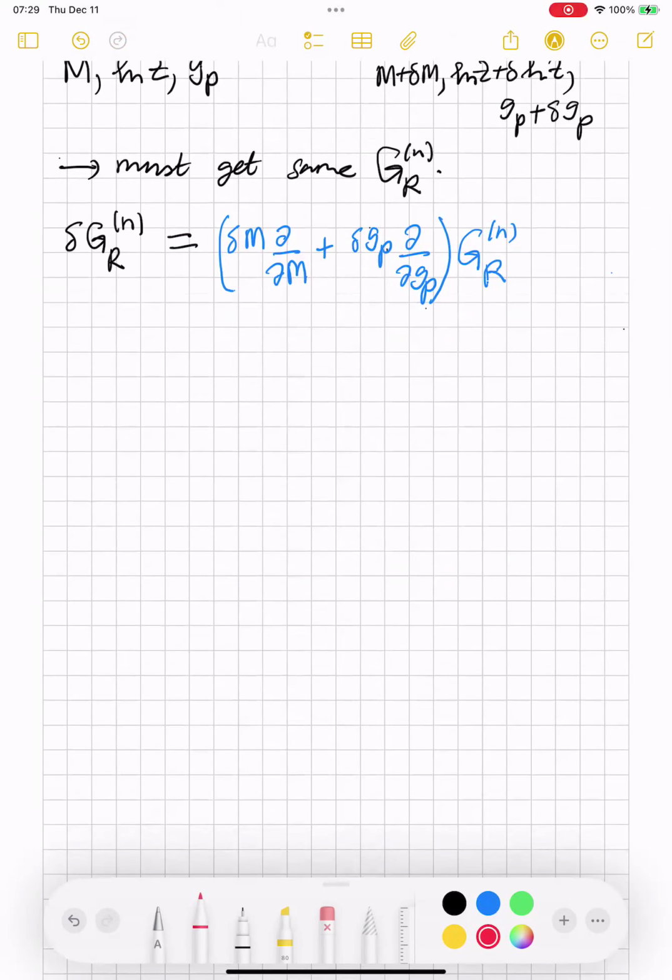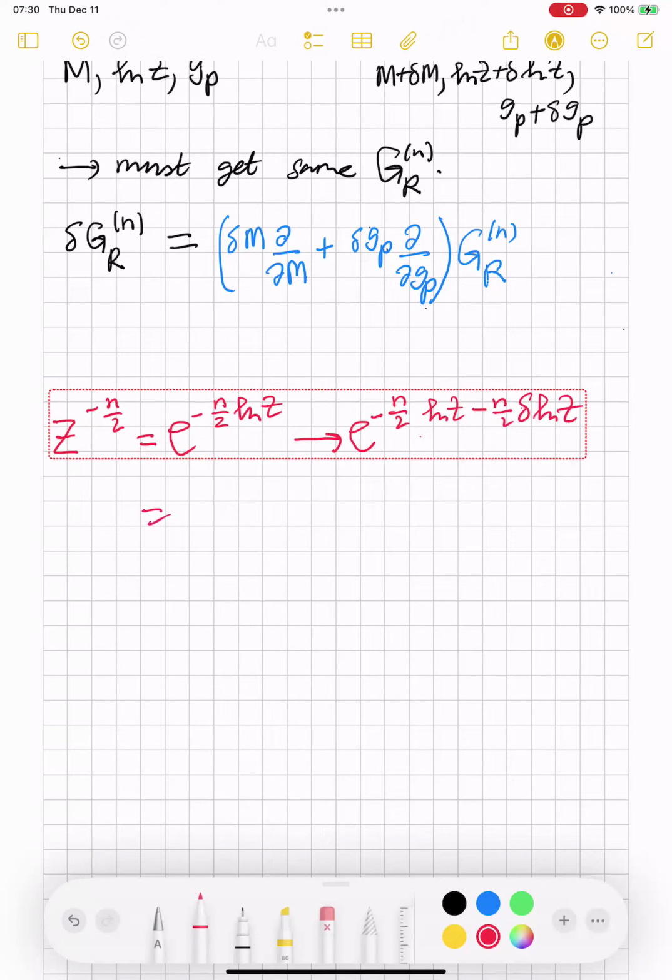Z to the minus n over 2 is e to the minus n over 2 log Z. And how does this change? Well, this goes into e to the minus n over 2 times (log Z plus delta log Z).